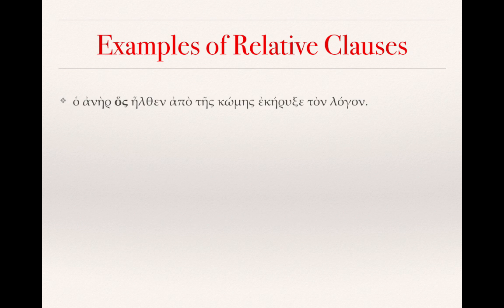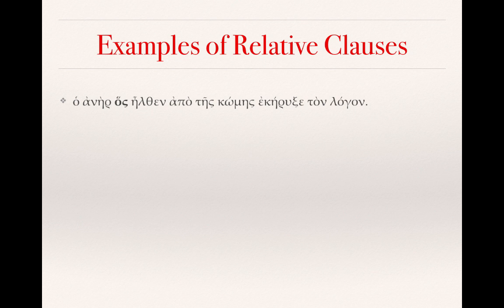So here are some examples of relative clauses. The first is ho aner, hos elthen apo tes komes, ekeruxe ton logon. And so you'll notice that in bold, I've highlighted a relative pronoun, which creates a relative clause, hos elthen apo tes komes.